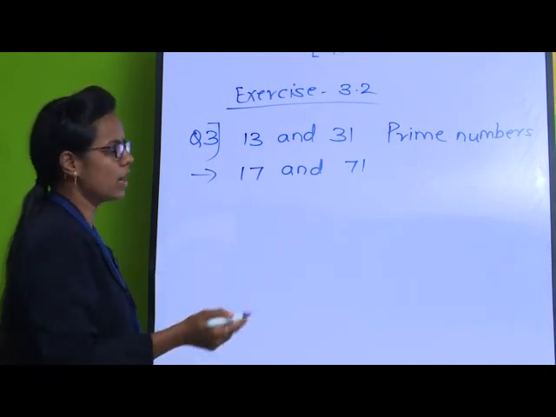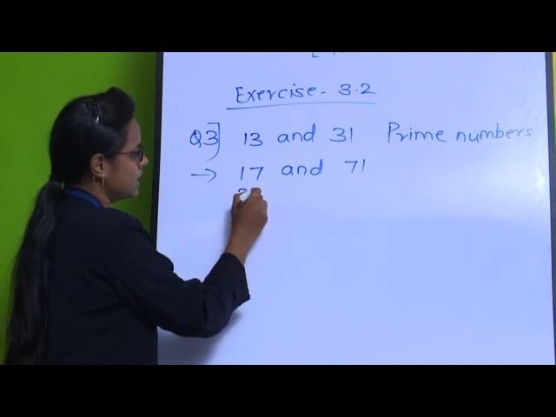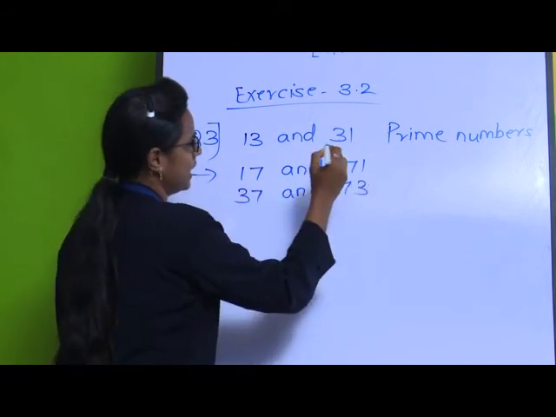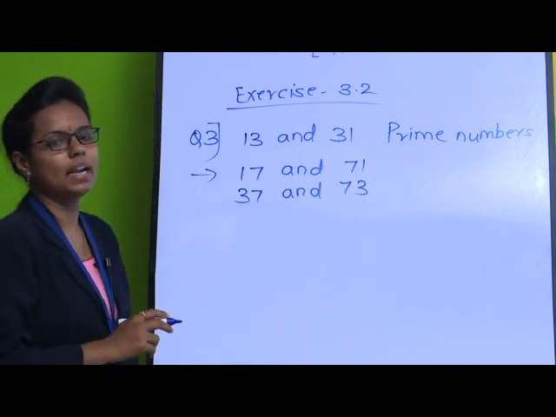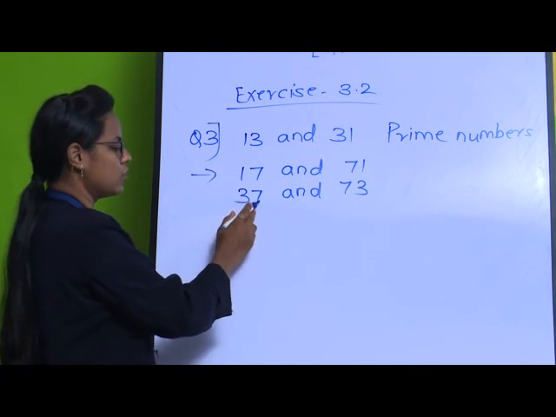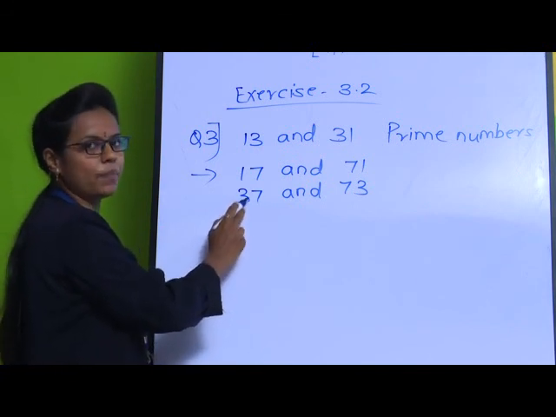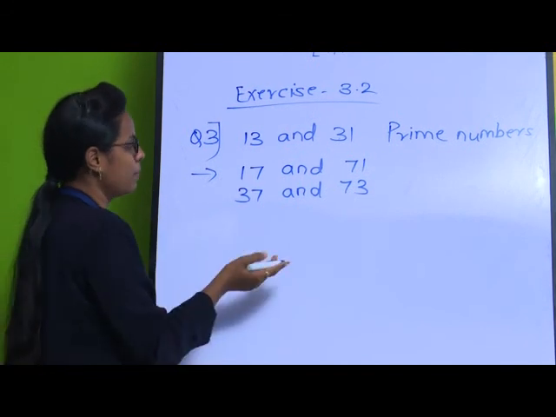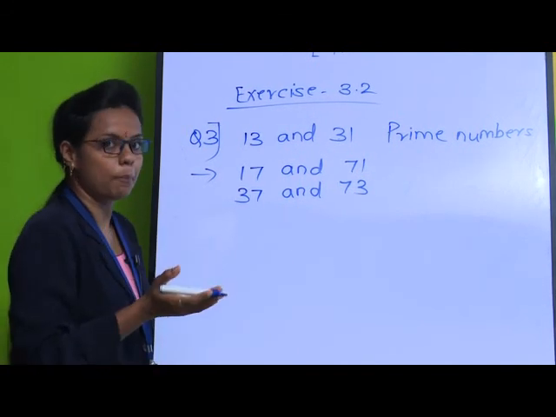Let us take one more example, that is 37 and 73. Again it has only two digits, 3 and 7. One more pair we can find, because we have to find up to 100.